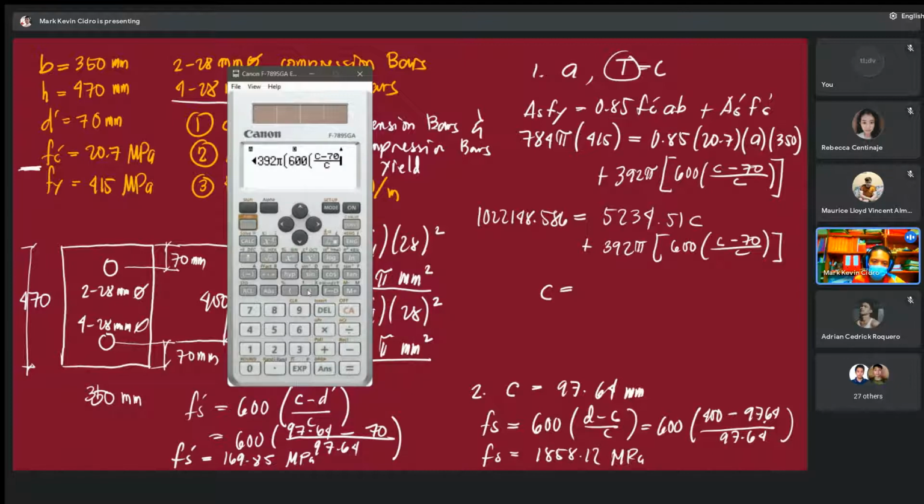We are trying to solve for the value of c. Shift solve.